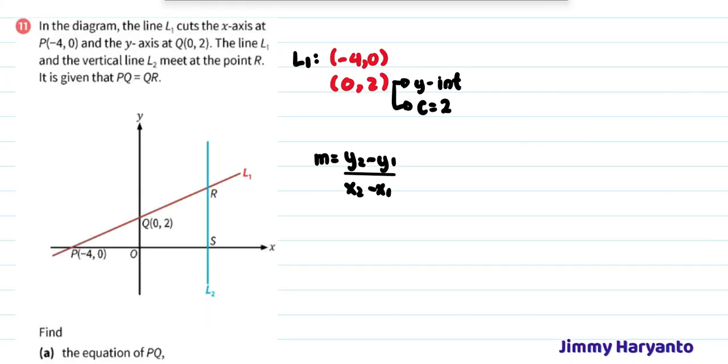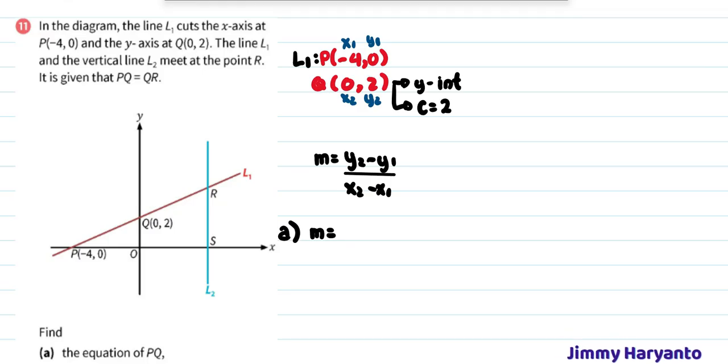Okay, next is question 11. For question 11, we have to find the equation of PQ. P is this one and Q is this one. So let's label this as x1 and y1. This one is x2 and y2. First, we have to find the gradient. Gradient will be y2 minus y1 over x2 minus x1.